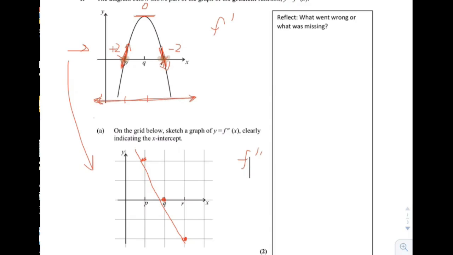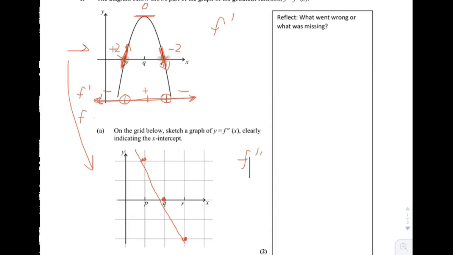I'm going to make a sign diagram to try to figure this out. So we know that at P and R, the derivative is 0. And in between them, the derivative is positive, and on the sides it's negative. We're just looking at the graph here and making a sign diagram from that.